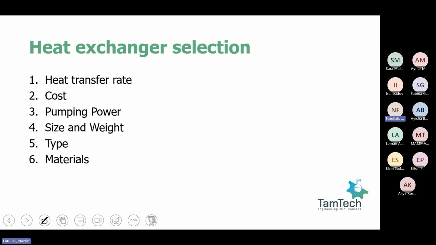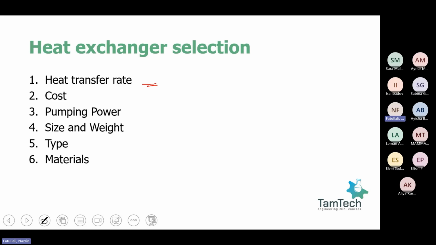But before moving on, I will talk about heat exchanger selection. There are 6 driving characteristics for selecting the right heat exchanger. First is heat transfer rate. It shows how much duty you need to achieve, and it also sets the size of the equipment. Why is size important for us?